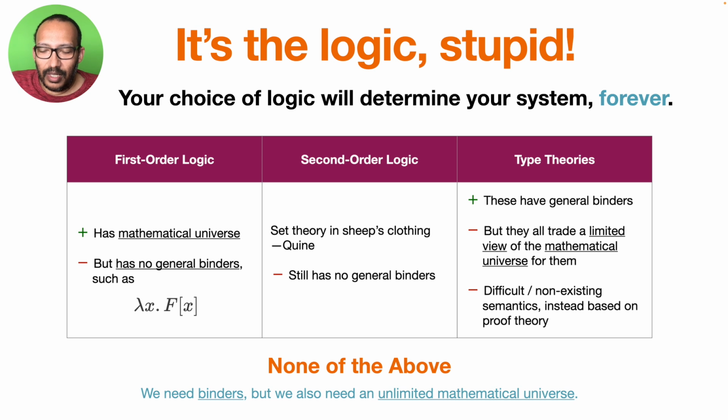Apart from that, I think another negative aspect of type theories is that often they have difficult or non-clear or non-existing semantics because they are based on proof theory, and people who like proof theory often think that mathematics is just a game of syntax and rules, and that there is not much meaning to it.